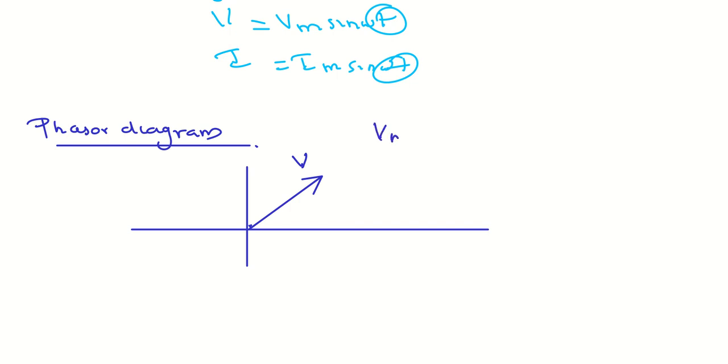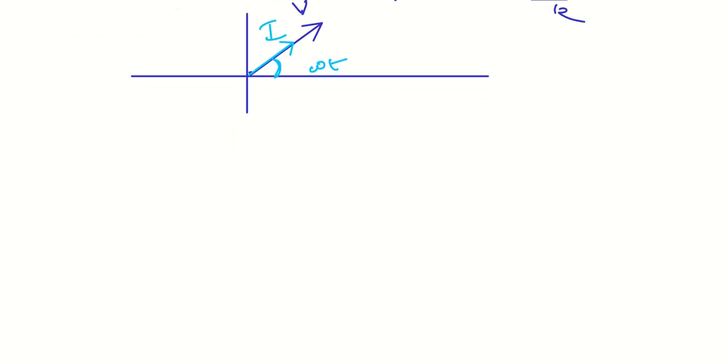Vm is the peak value and Im is equal to Vm divided by R, so Im should be less than that. So I represent the phasor diagram like this. But we know that the phase is the same, that is omega t. So this represents the phasor diagram for an AC applied to a resistor circuit.